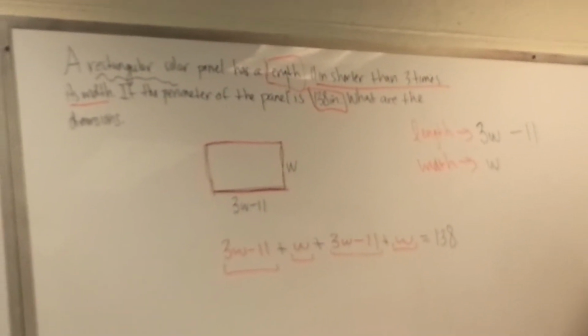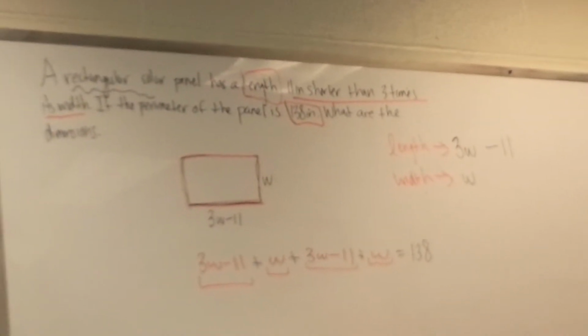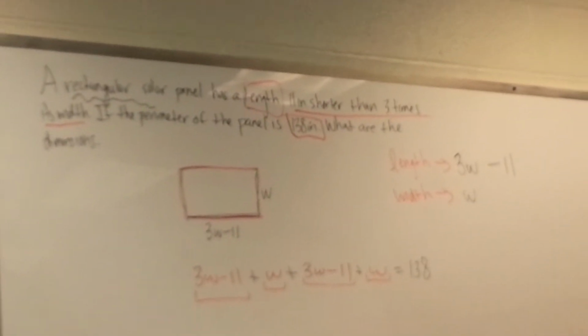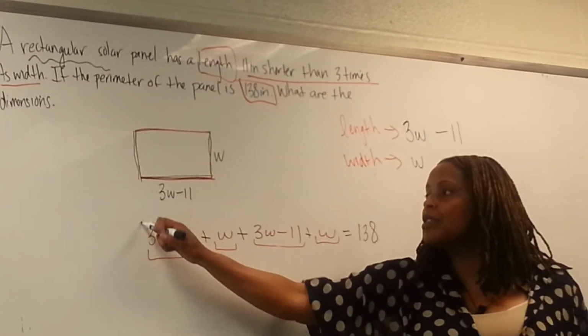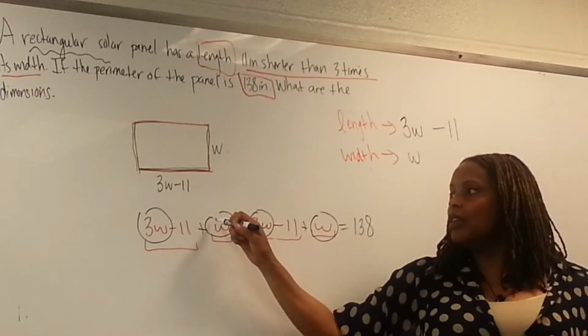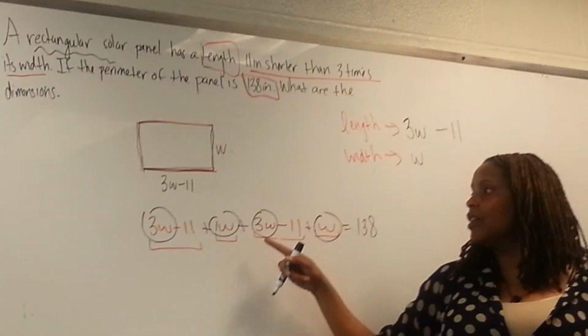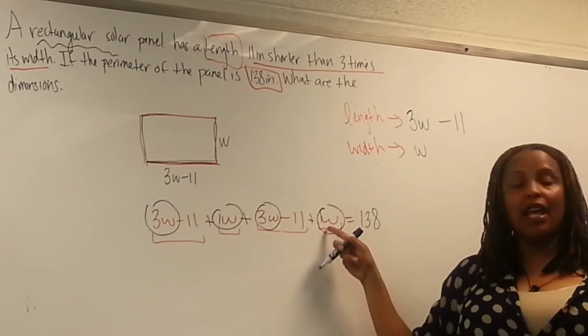R, your body language is not really talking to me. I need a little bit more. So now, what do we do from here? Combine like terms, we solve the equation. 3W plus 1W plus 3W plus 1W is 8W.